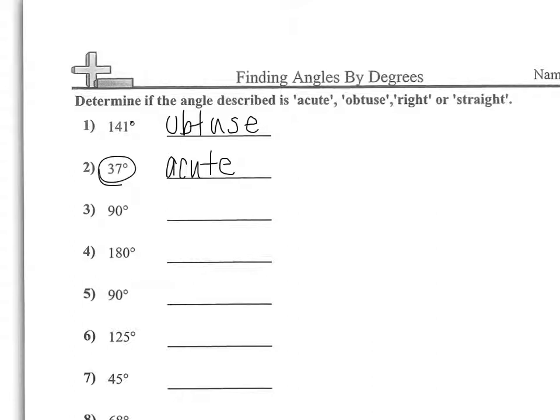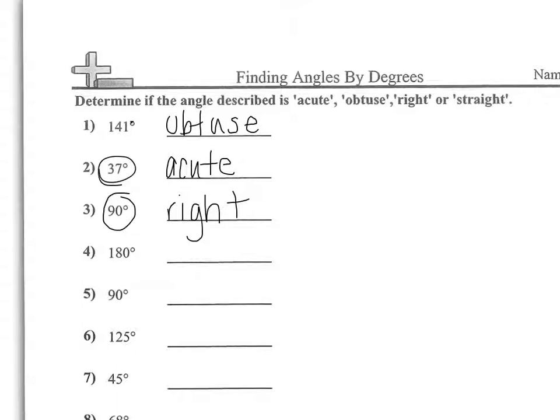Alright, let's look at number 3. Number 3 says 90 degrees. I'm going to flip back to page 4, and I see that 90 is my sole blue box. Remember, my blue box is a right angle because all right angles are exactly 90 degrees. So this is a right angle. Then I look at number 4.